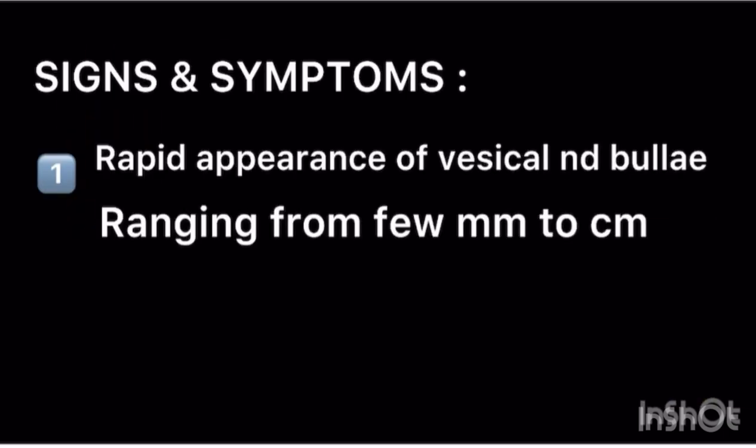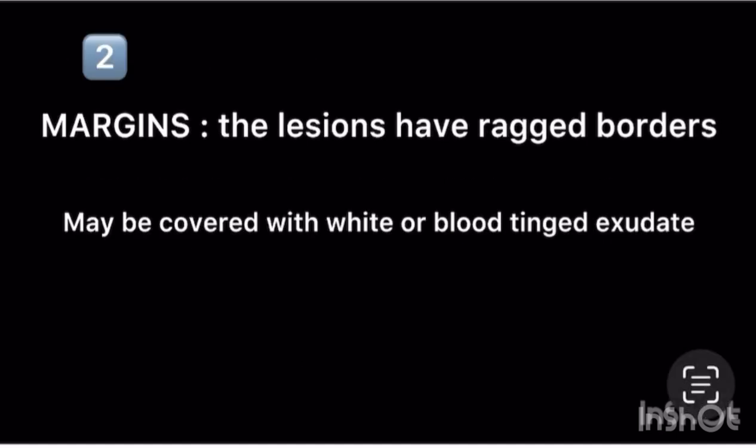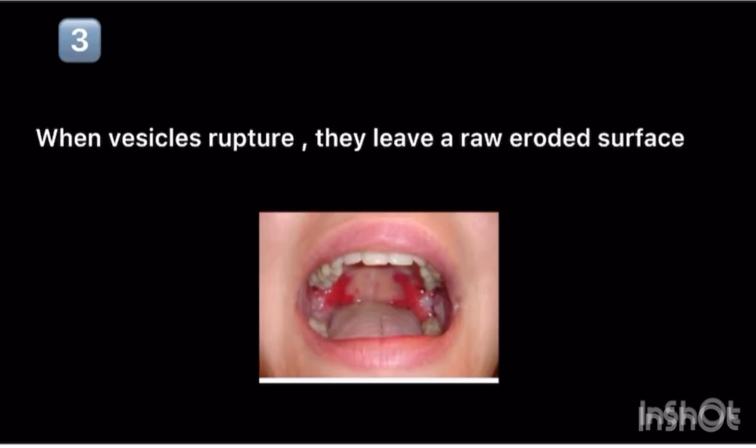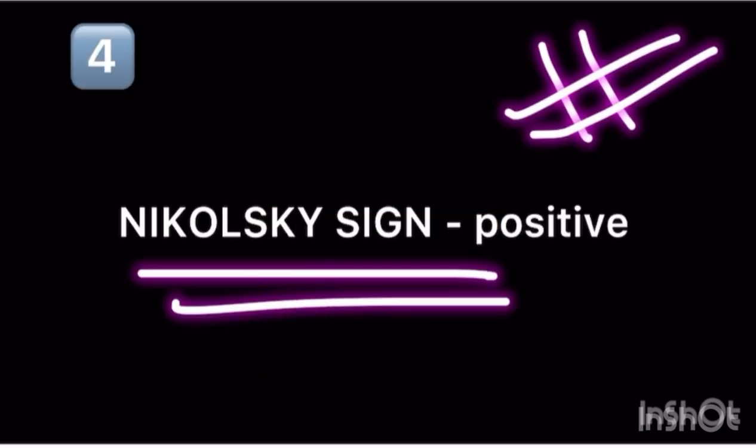Signs and symptoms: the vesicles and bullae appear very rapidly, all of a sudden, as if a person is sleeping at night, and in the morning you will see the whole mouth full of blisters and ulcers. They range from a few millimeters to a few centimeters. They have ragged borders, and they may be covered with white or blood-tinged exudate. When they rupture, they leave a raw eroded surface.